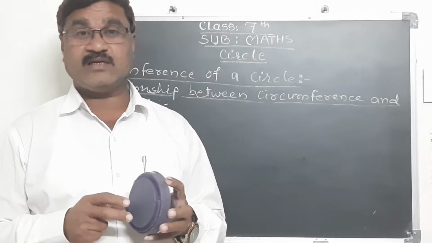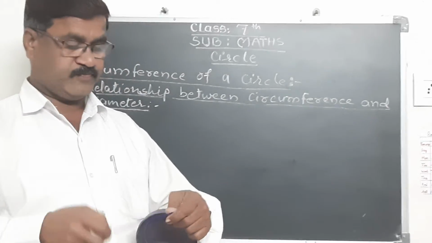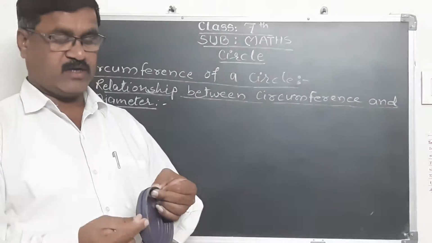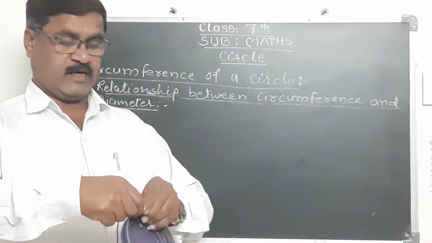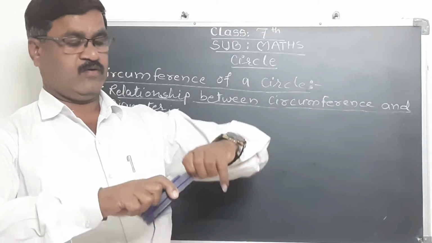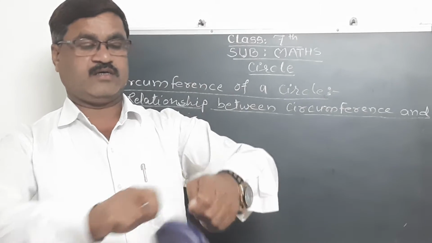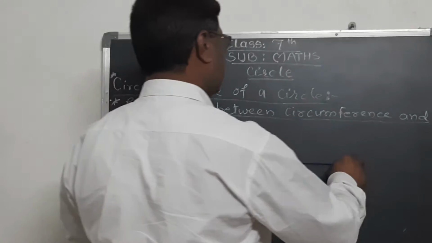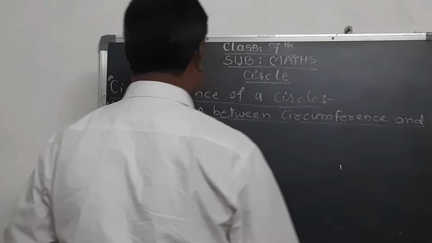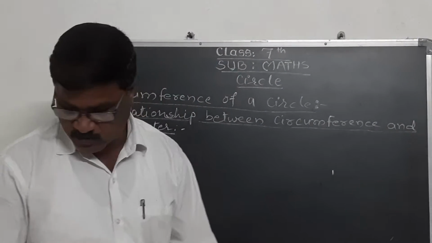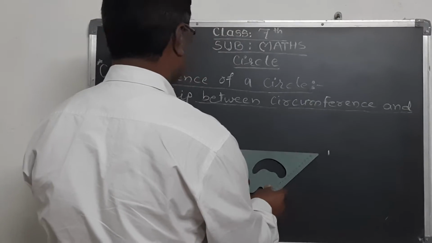Now, how to calculate the circumference? For that purpose we take one thread and put this thread around the outer circle of this jar lid, and in such a way we have got the circumference of this circle. Suppose this is the distance of this circumference.